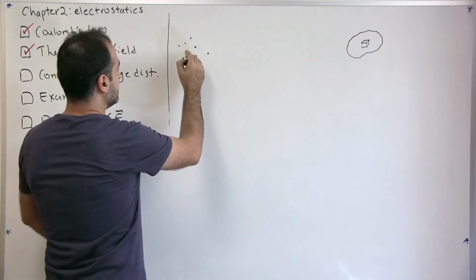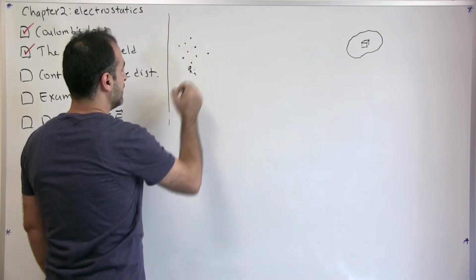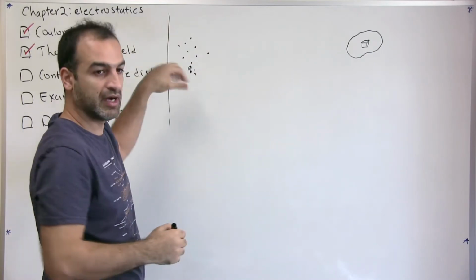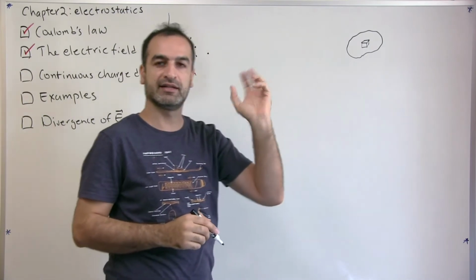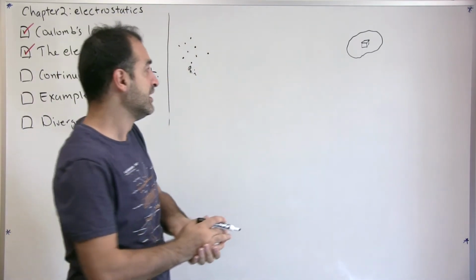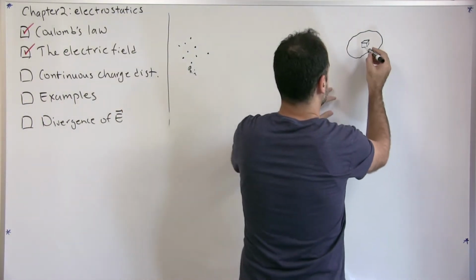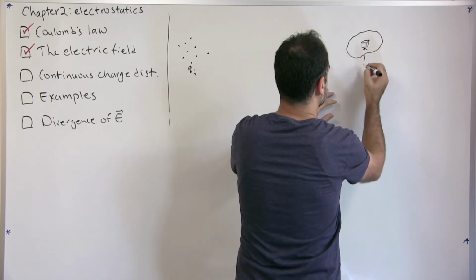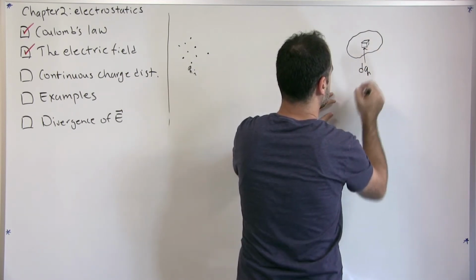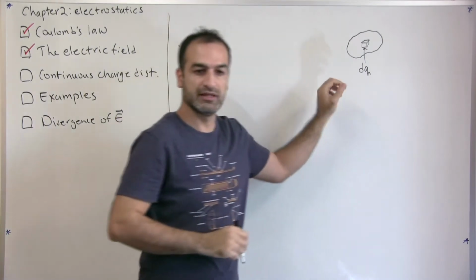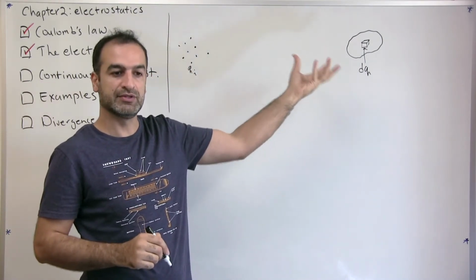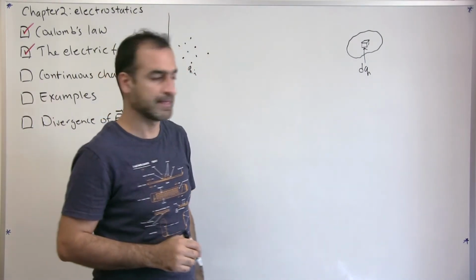What we have here, we have, let's say, Qi, and then i can be from 1 to n, and that's the number of the point charges we have. What we can have here is this infinitesimal volume, the charge here, you can imagine this is dq, and then you can integrate over that volume to see what is the total charge here, okay?